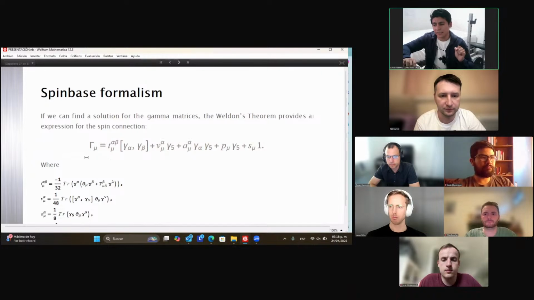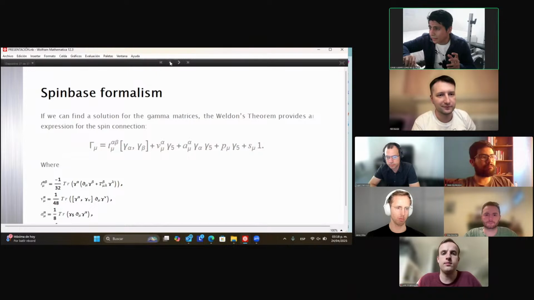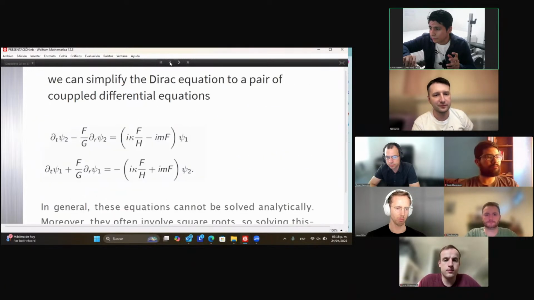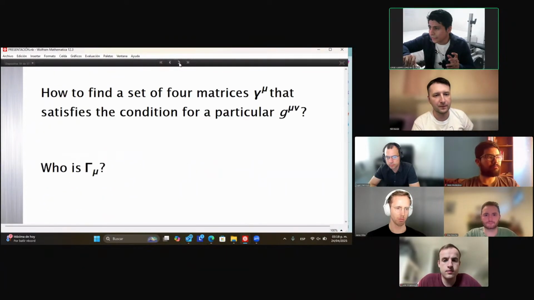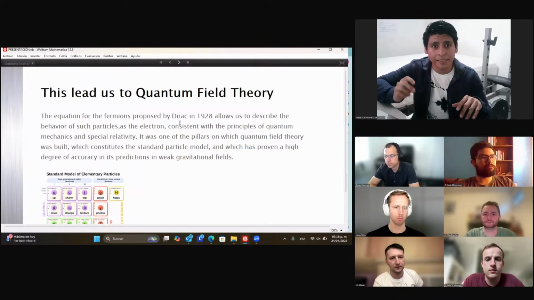So that is important, because remember that quantum field theory in flat spacetime is the most successful theory. But in curved spacetime, there is no natural generalization.